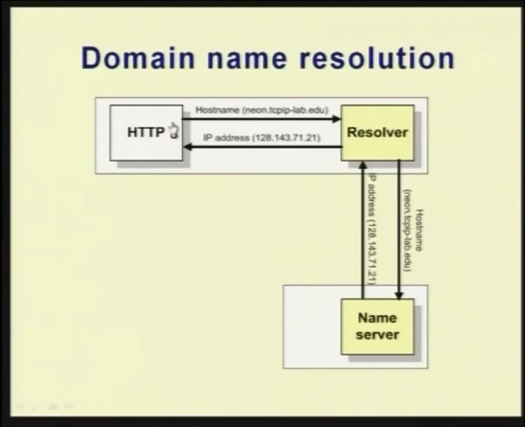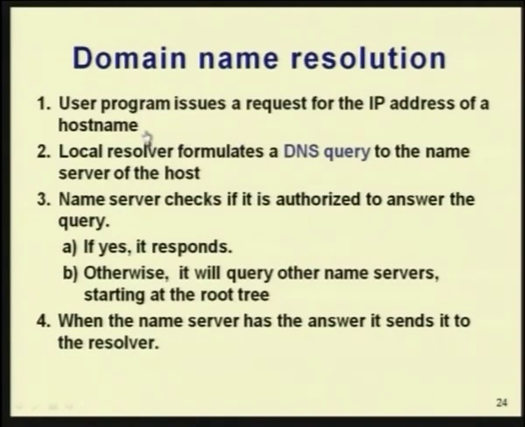So, the moment it is given a host name, it will contact the resolver. The resolver is then responsible for contacting the name server and getting the IP address back. Once it gets the IP address back, it passes it to the HTTP application or whichever application had requested this.